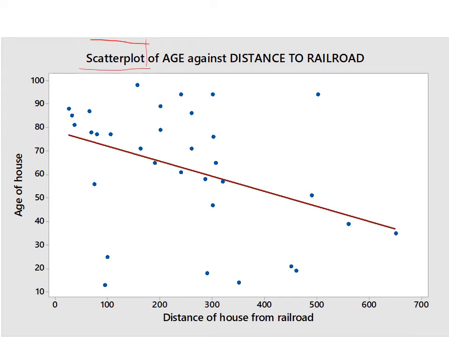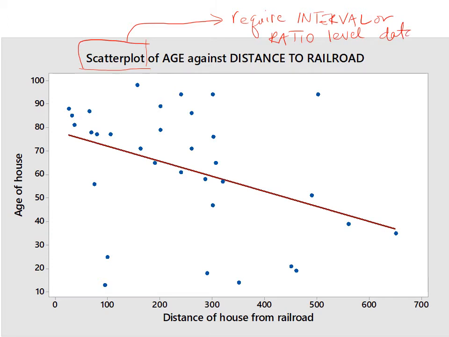Scatter plots require interval or ratio level data, and what they do is allow us to see if there is a systematic relation between two variables.